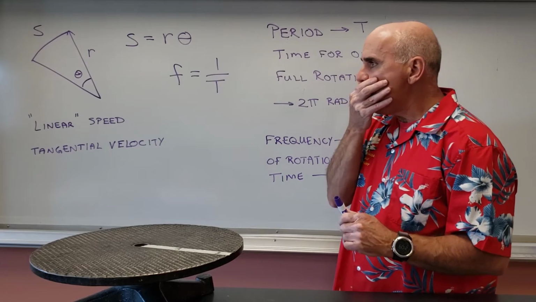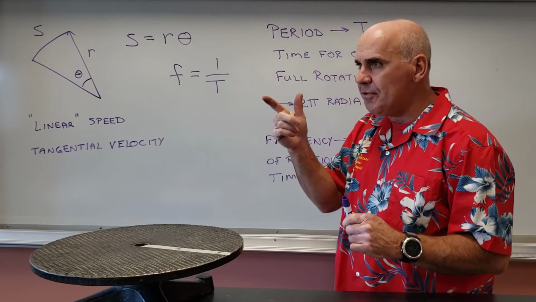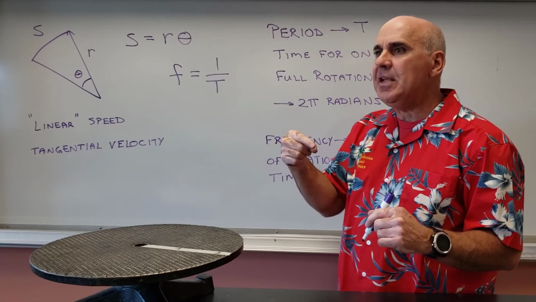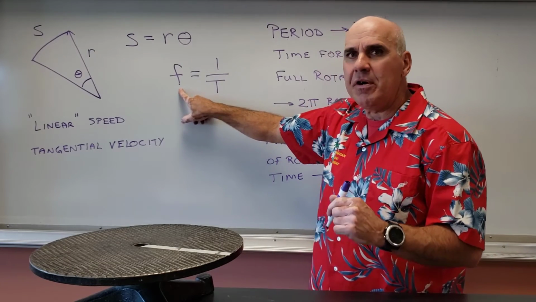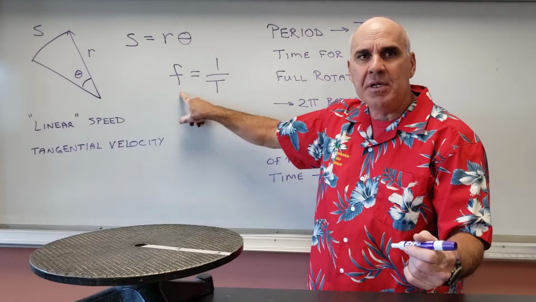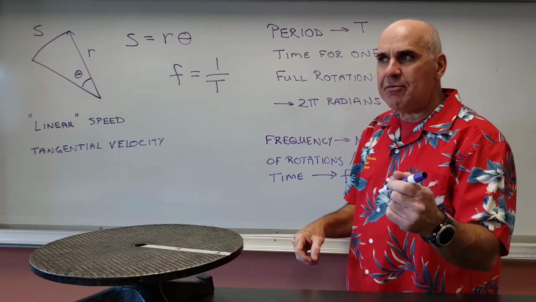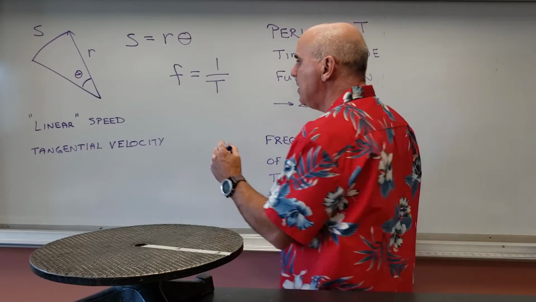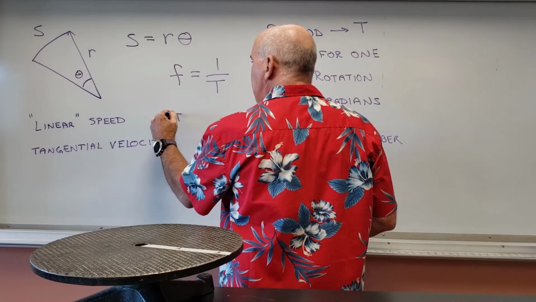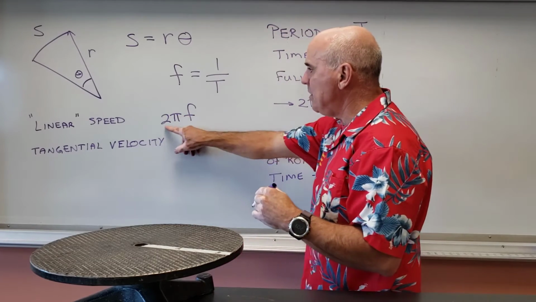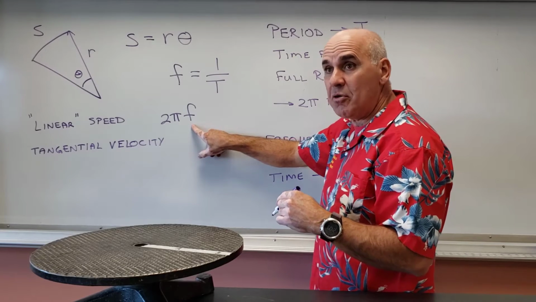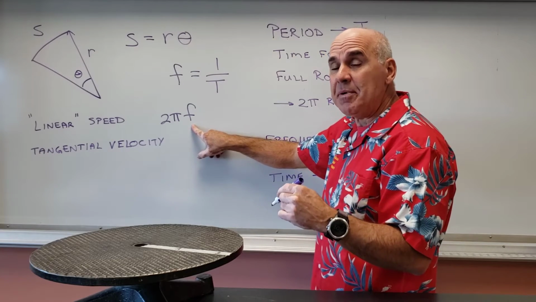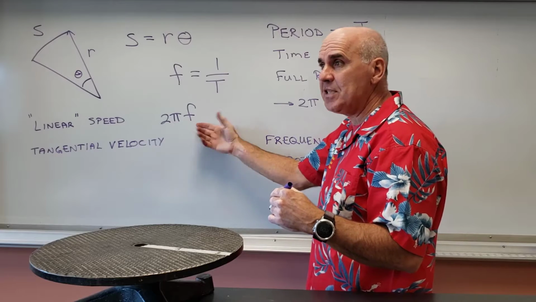All right, so the angular velocity is the number of radians per unit time. The frequency is the number of rotations per unit time. But there are 2 pi radians in each rotation. So 2 pi times f, this is going to be 2 pi radians per unit time times the number of rotations in that time period. Let's say it's, again, 5 rotations per second.